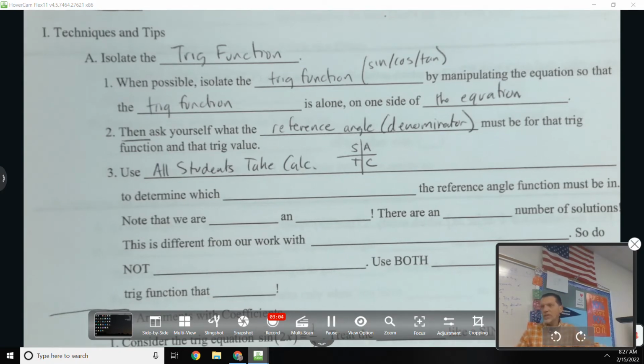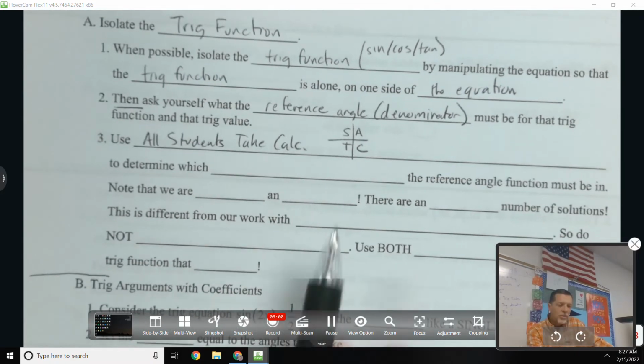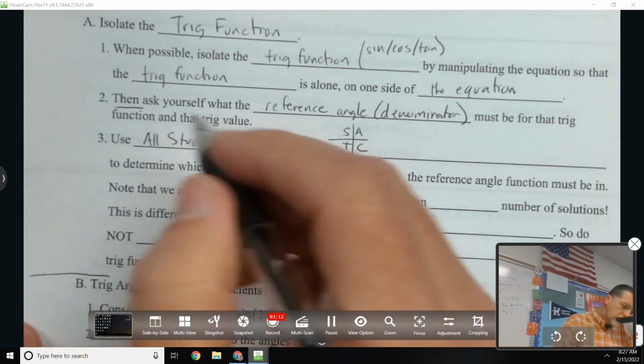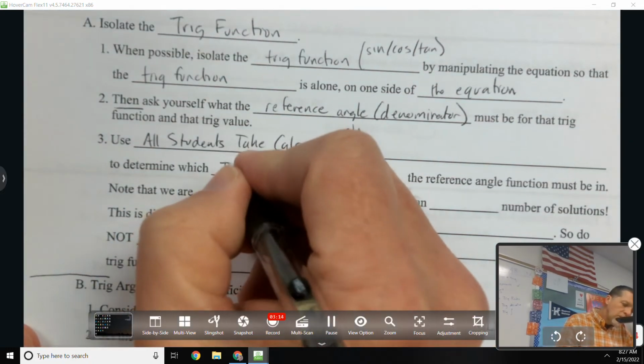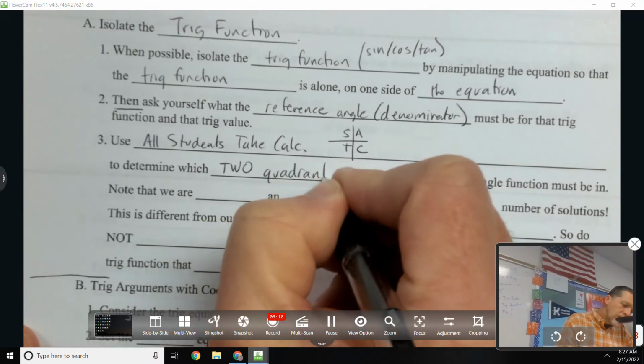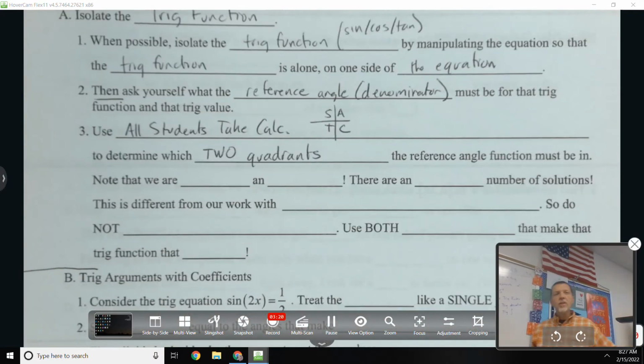Tangent is positive on... However you know the signs, you need to know the signs. All students take calculus is one way to know that, to determine which two quadrants, right? Because they're all positive in 2 and negative in 2. So figure out which two quadrants the reference angle function must be in.